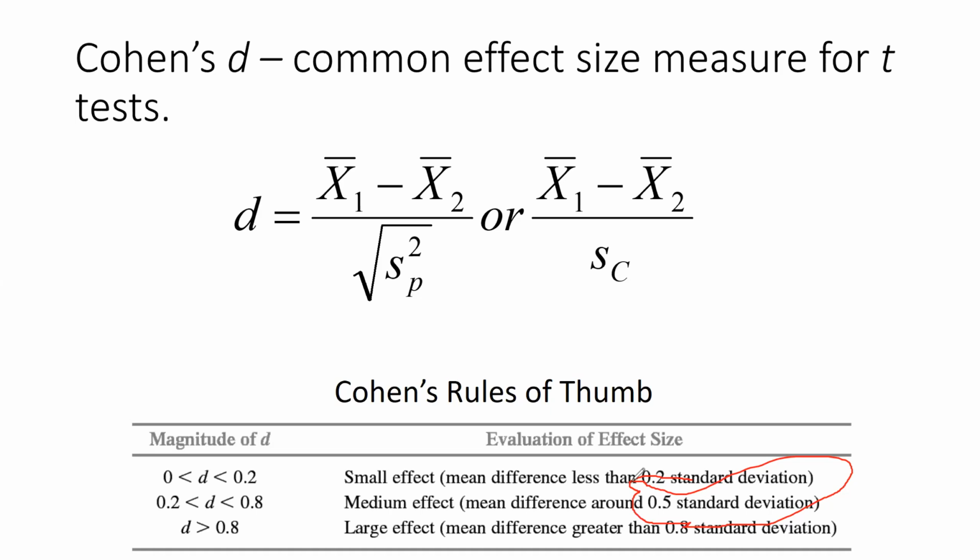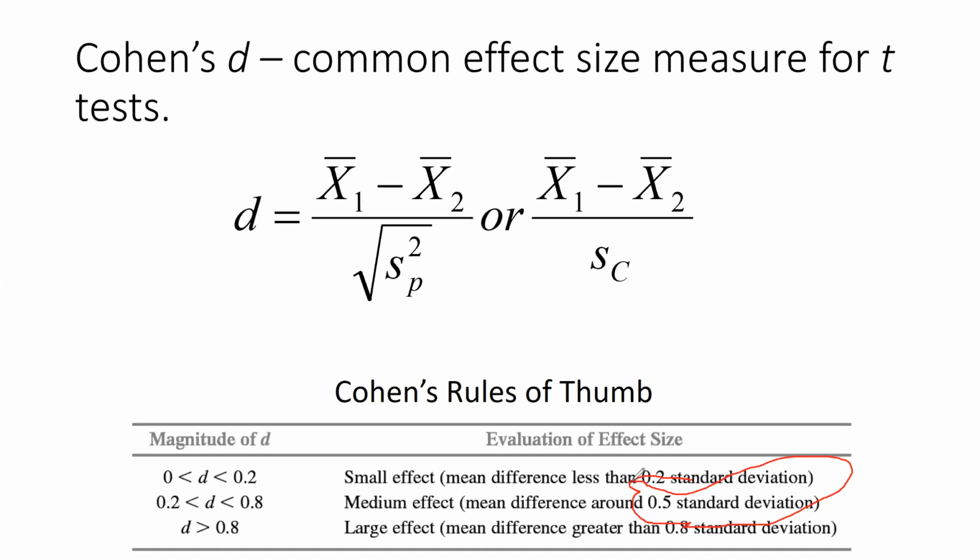So the value in the denominator, S squared P, is pooled variance between the two groups. And the square root of that is the pooled standard deviation.